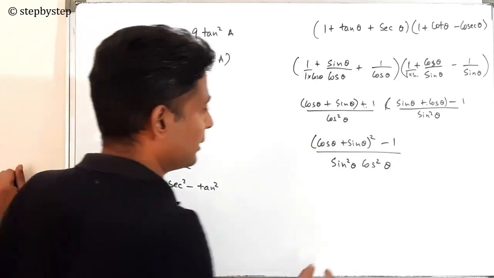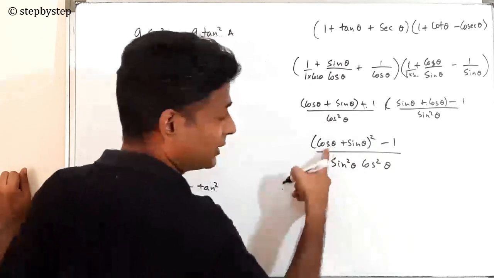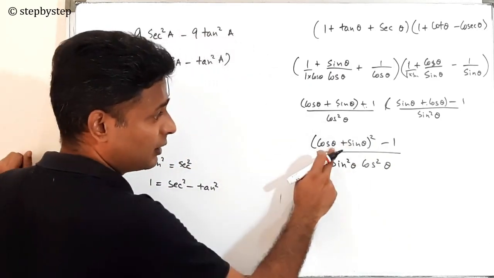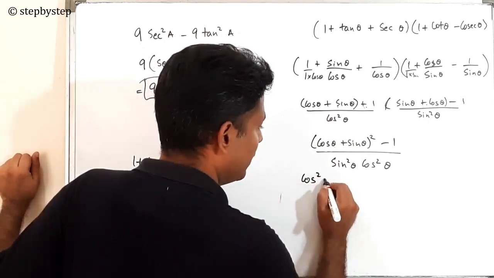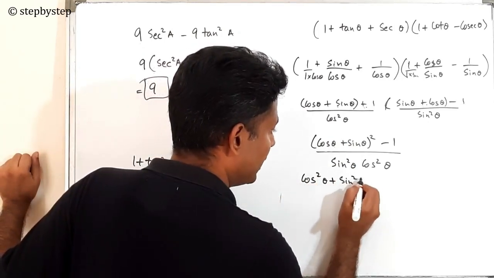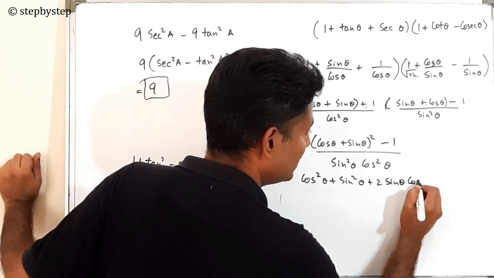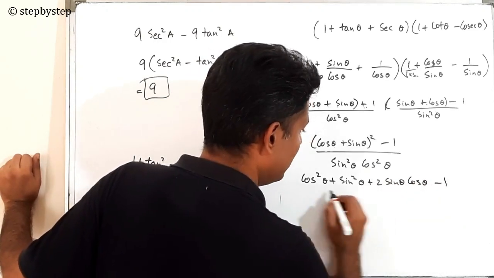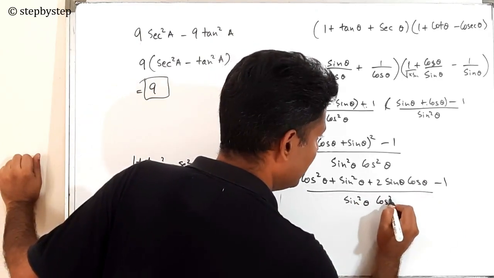So once we do this, for the a plus b whole square formula, don't write it as cos square plus sine square, it is a square plus b square plus 2ab. So we'll get cos square theta plus sine square theta plus 2 sine theta cos theta minus 1 by sine theta cos theta.